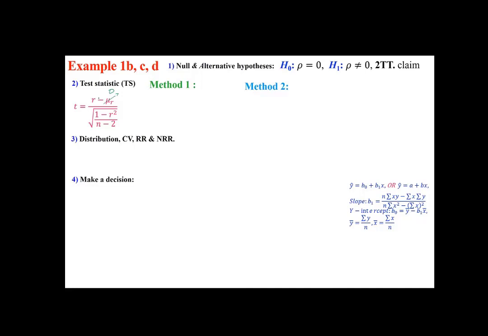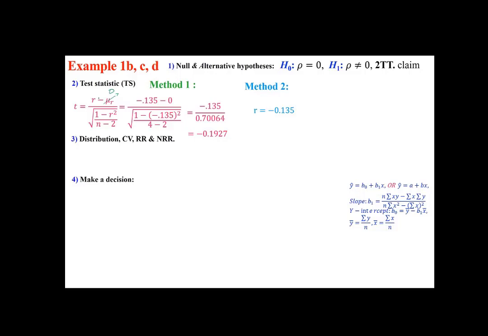Rho is 0, and rho is not equal to 0, two-tailed test. And you come up with T when you plug in the value of R that was calculated, and you end up with negative 0.1927. For method 2, you really don't have to do anything. R is calculated already, so that's your answer.